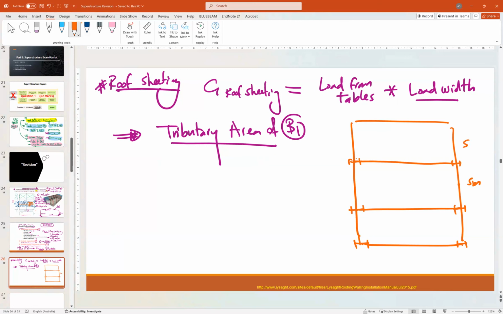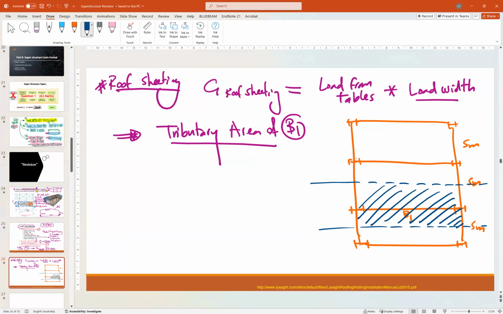This 5 meter, 5 meter. So if this is our B1, B1 will be carrying this part or this area. So the load width is 5 meter for B1. So we will replace the load width by 5 meter.